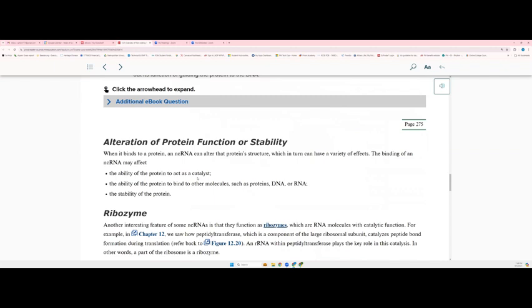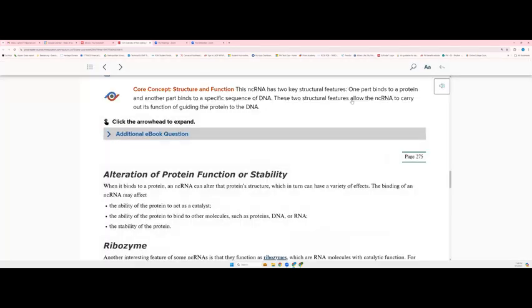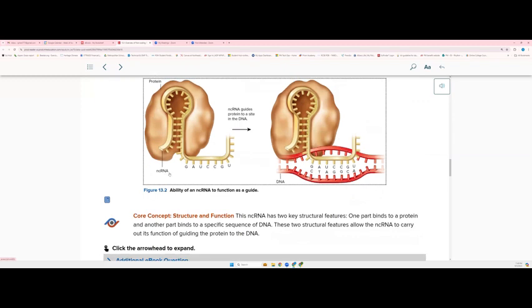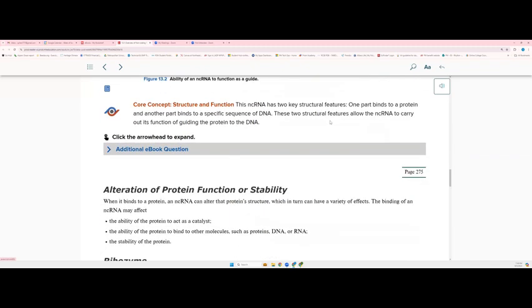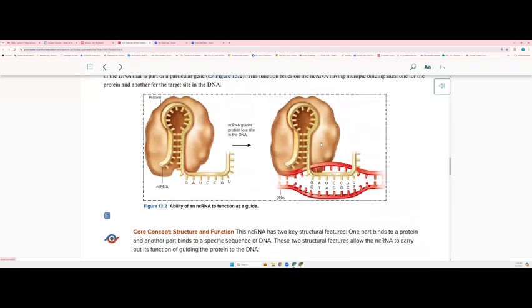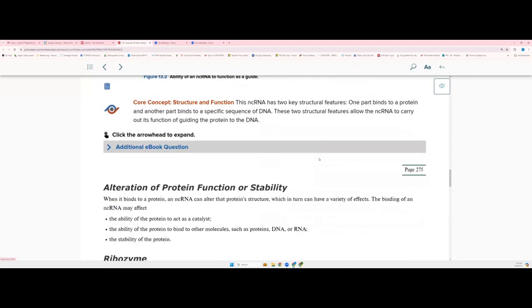For example, the original protein may have no catalytic function, but after formation of the complex of non-coding RNA with the protein, this complex can work as a catalyst. Another application is changing the ability of the protein to bind to other molecules. Here is a good example: the non-coding RNA binds with the protein, and the protein can get close to the DNA. So this kind of complex helps form the binding between the DNA and the protein.